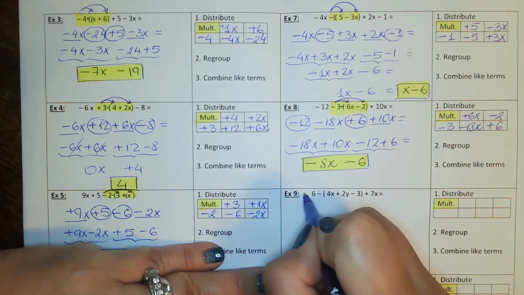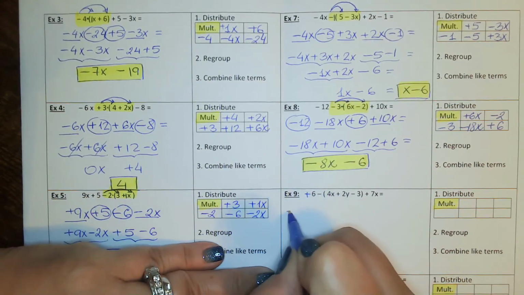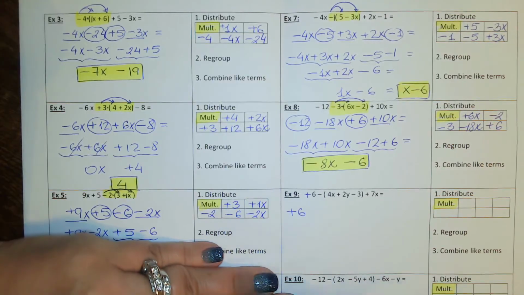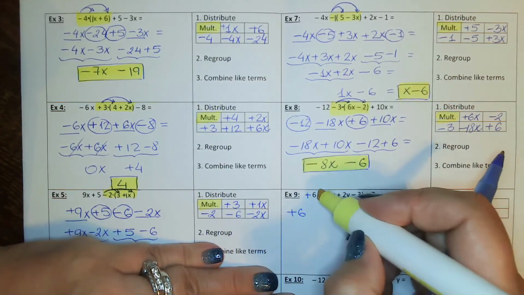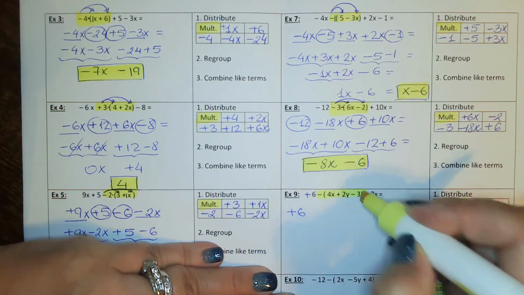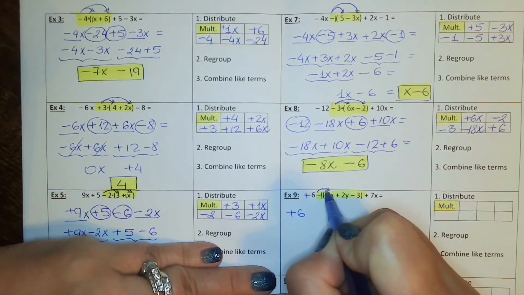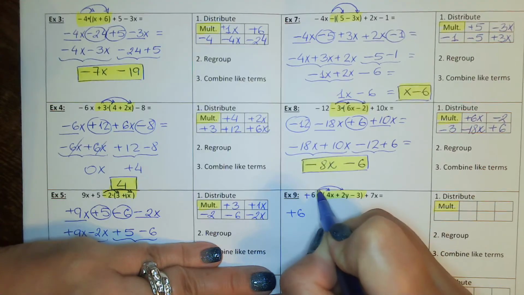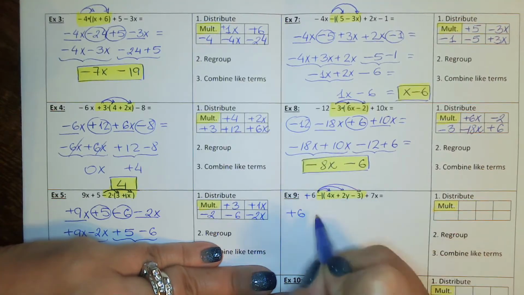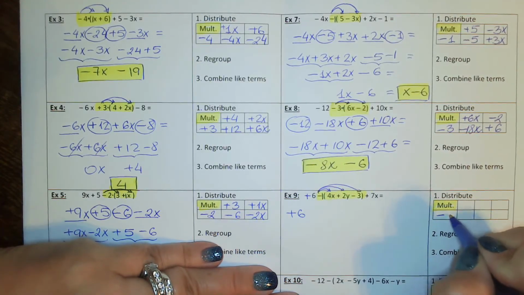6 is positive here, and it's a constant that is not multiplied by anything. The distribution is right here with that hidden coefficient, negative 1, that we have to distribute this time 3 times because we have 3 terms inside the parentheses.